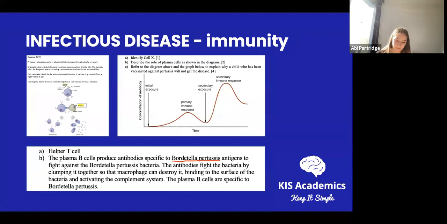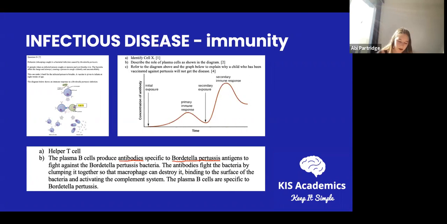For the role of plasma cells, you need to mention antibodies, because these are the main things produced by the B cells. Antibodies have three methods of fighting bacteria.